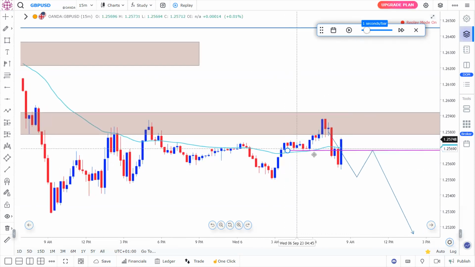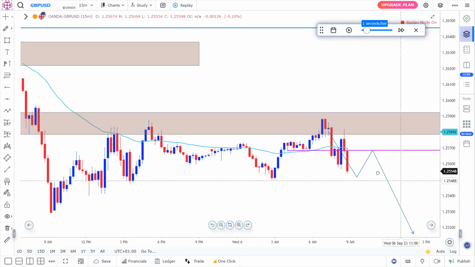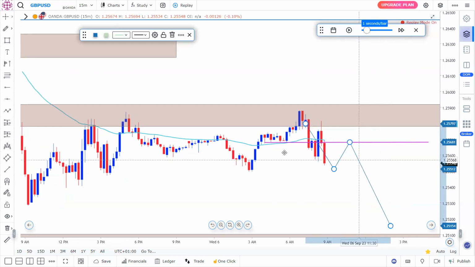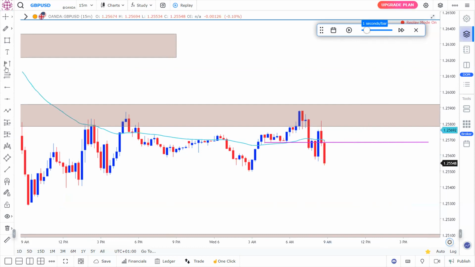Now you can see how just what I had explained perfectly happening right about here. And then this is where, once again, I had my confirmation to go short.